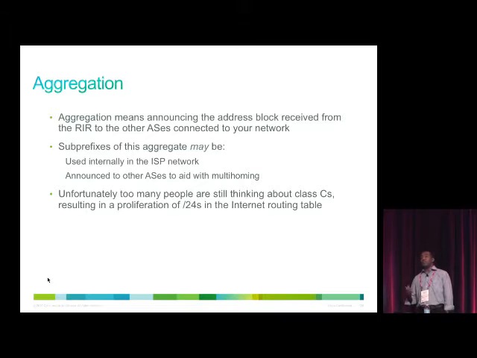Unfortunately, too many people advertise sub-prefixes. Too many people advertise /24s, even though it's not expected to see, based on the registry entries. You should only see very few /24s because most assignments are /22 or shorter.